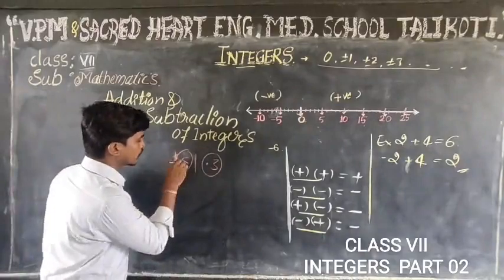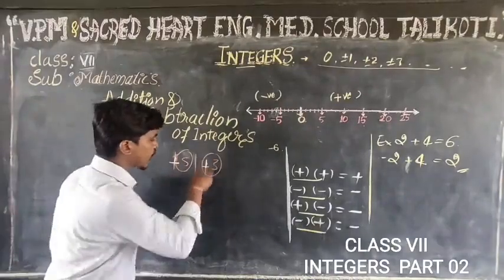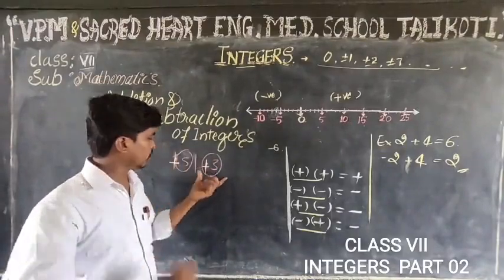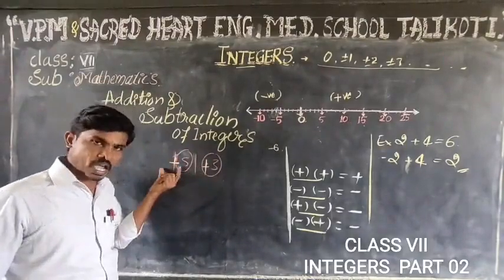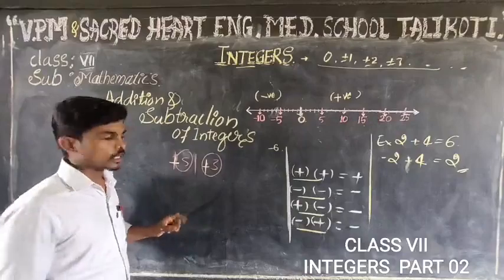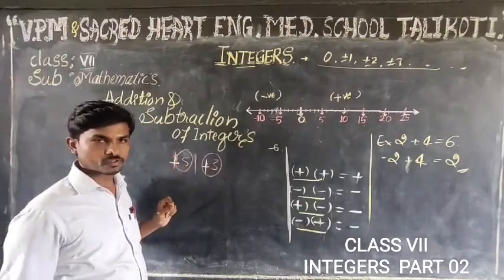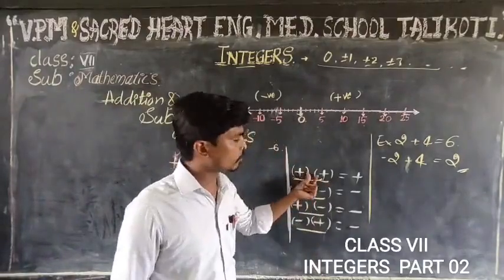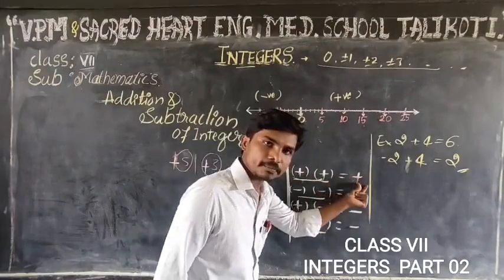If both integers have a positive symbol, what do we want to do? Simple. If both integers have a positive sign, add them. This is our statement form.